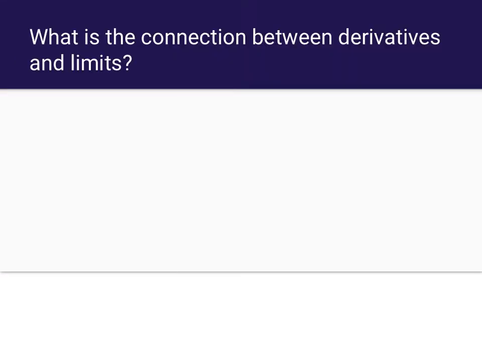So we have this question, what is the connection between derivatives and limits? It turns out the derivative is a limit. The derivative is the limit of the formula we use to compute the average rate of change of a function. And if you think back to your pre-calculus class, we had a fancy name for that average rate of change of a function. It was called the difference quotient.